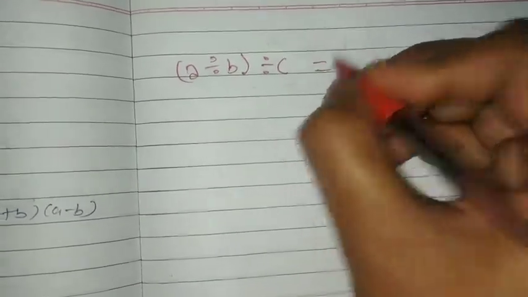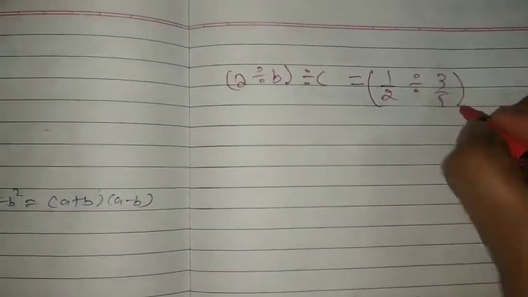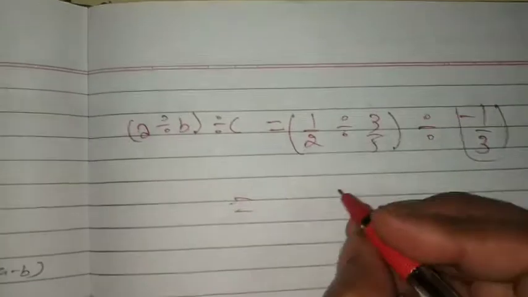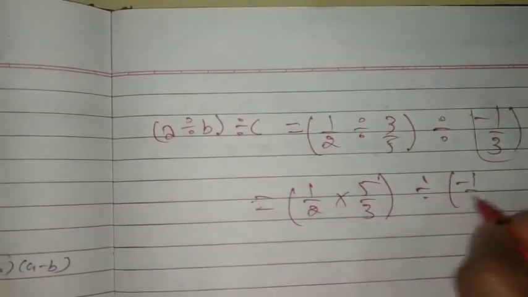Now we will check is a divided by b, whole divided by c, equals to the same minus 5 by 18 or not. So our a was 1 by 2 divided by 3 by 5 divided by minus 1 by 3. So this will be 1 by 2 into 5 by 3 divided by minus 1 by 3.